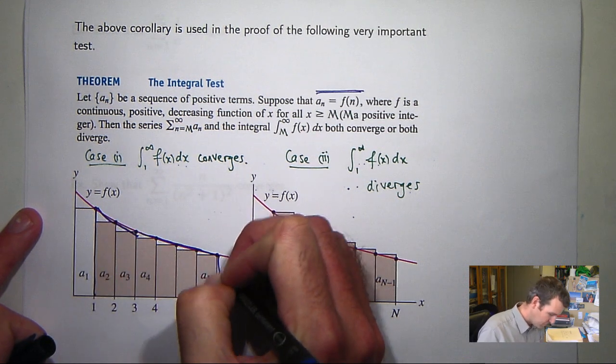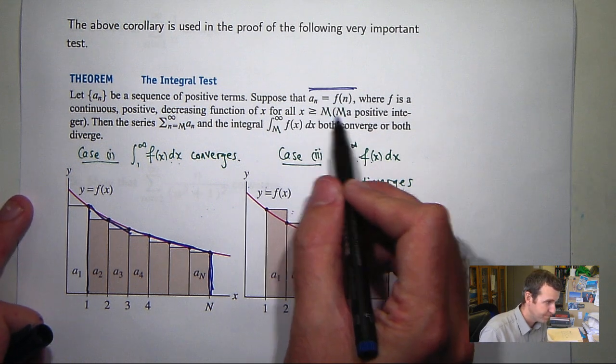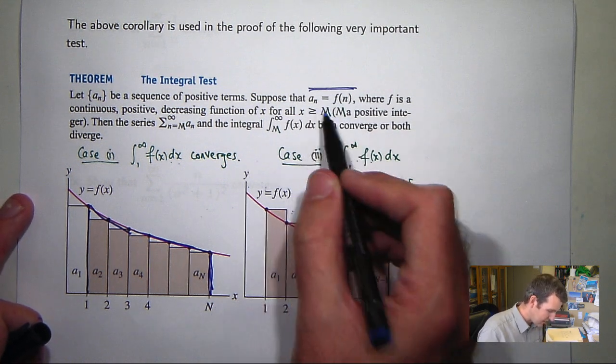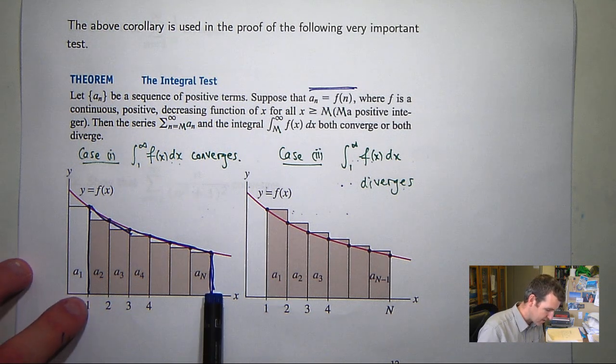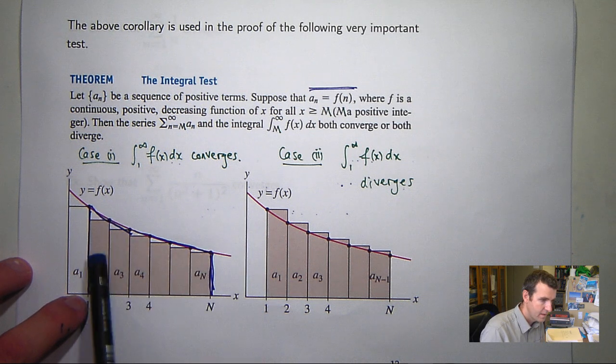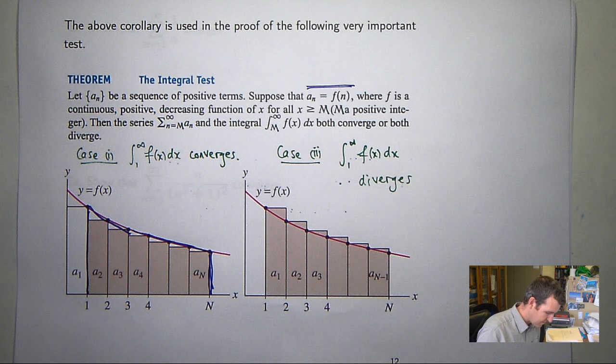Now, you would have seen improper integrals last semester, but the way you can actually prove this result is to just compare areas. You can see here I'm shading in the area under the curve f of x, and you can compare that with the area of these little rectangles all added together. So this is similar to the nth partial sum.